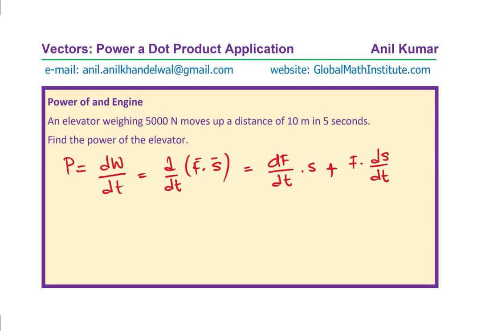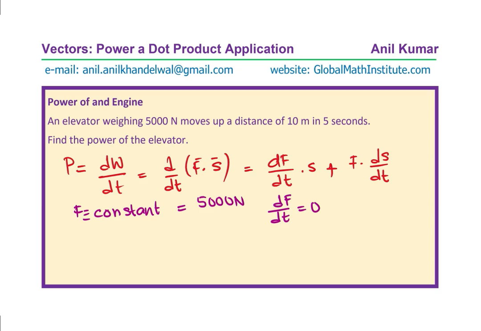Now, in the question, we have force, which is constant, and is equal to 5,000 newtons, correct? So when the force is constant, we know that the derivative of force with respect to time is going to be 0.